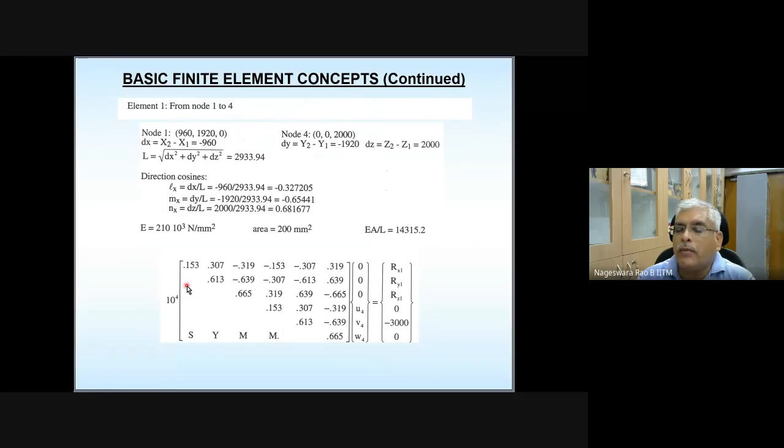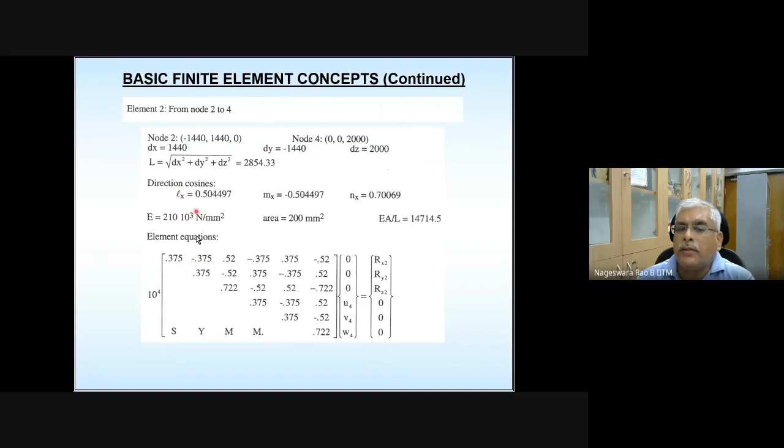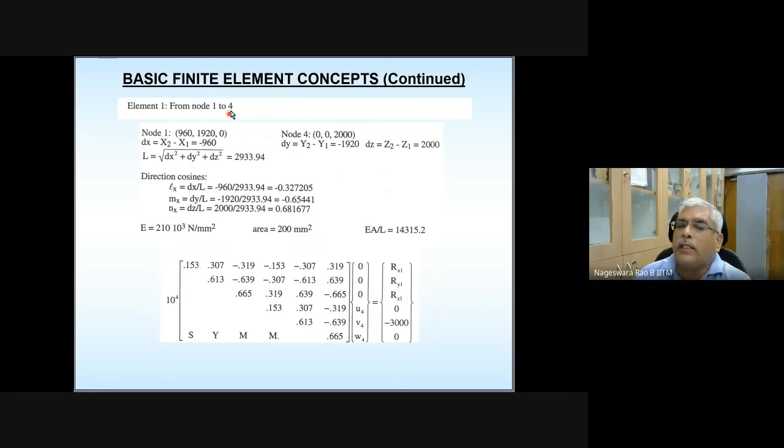This is for element 1. This is for element 2. For element 1, what is local node 2? It is global node 4, which is local node 2 for element 1.